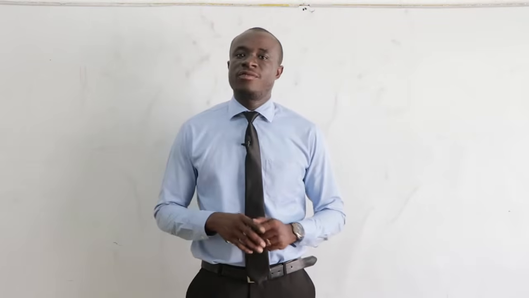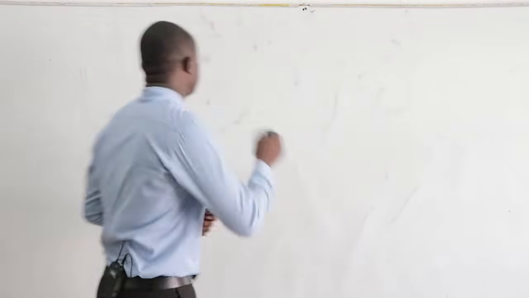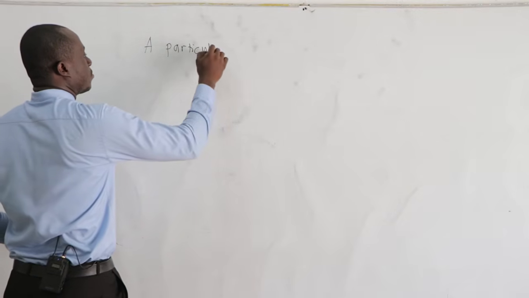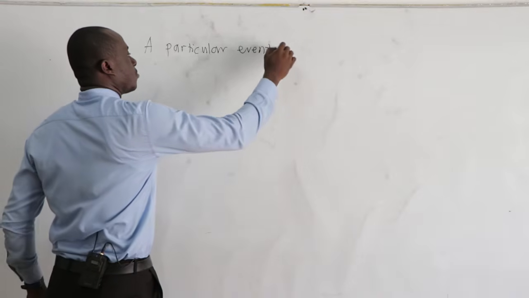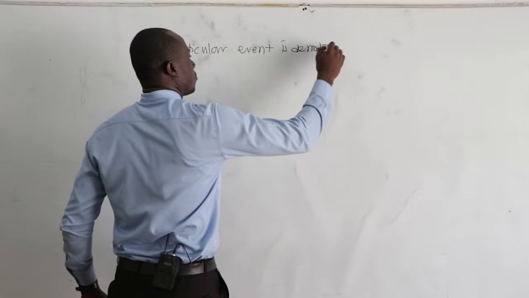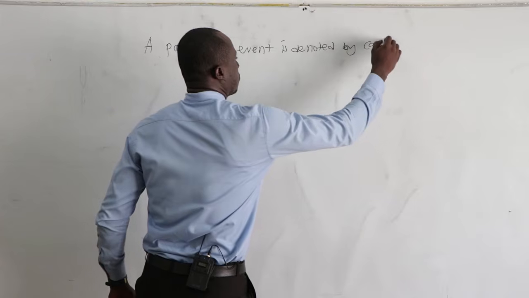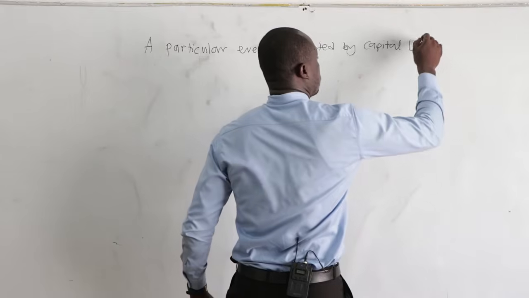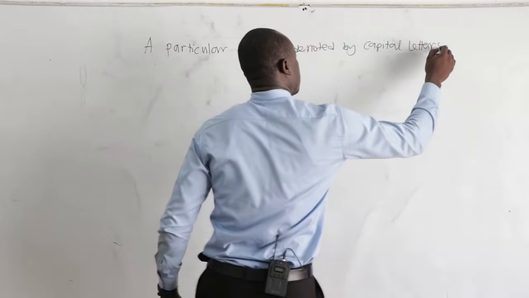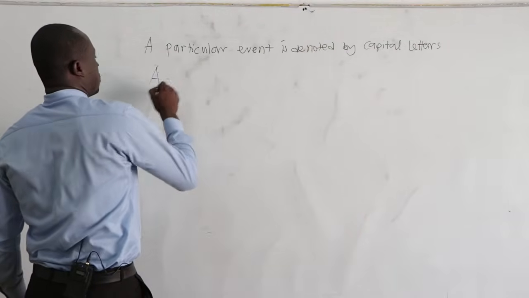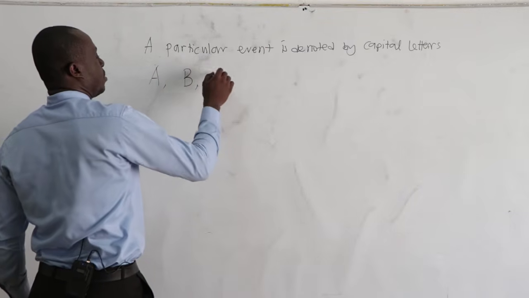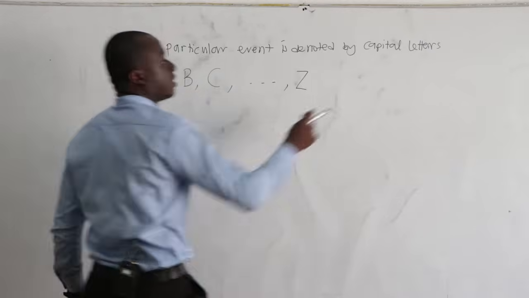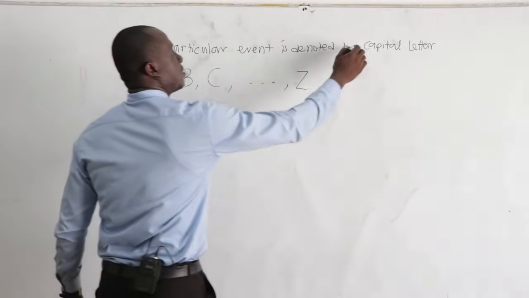A particular event is denoted by capital letters. So it can either be A or B or C. So a particular event is denoted by a capital letter.